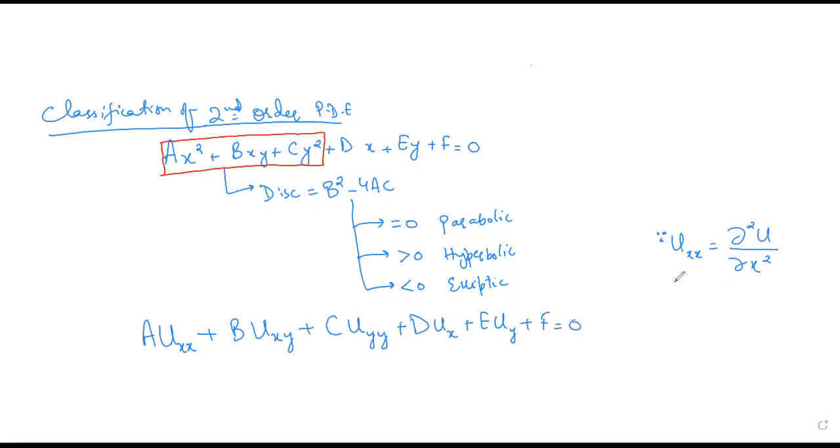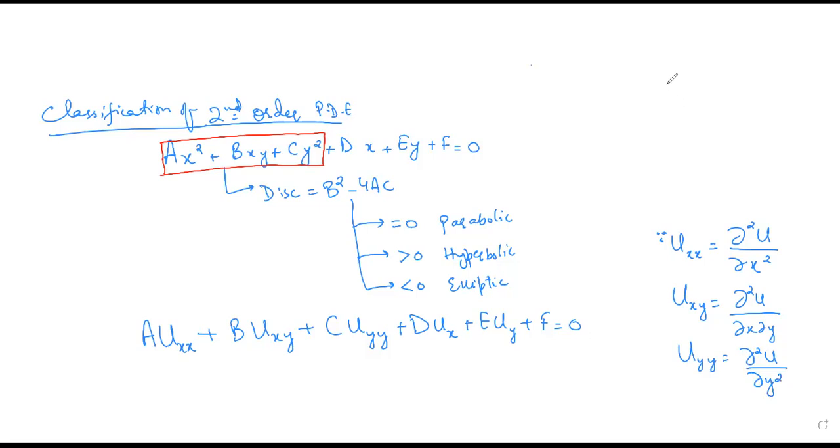You can see here that the second order partial derivative with respect to x is represented as uxx. uxy is the second order partial derivative of the u function or u variable with respect to x and y. Similarly, uyy represents the second order partial derivative of u with respect to y only.